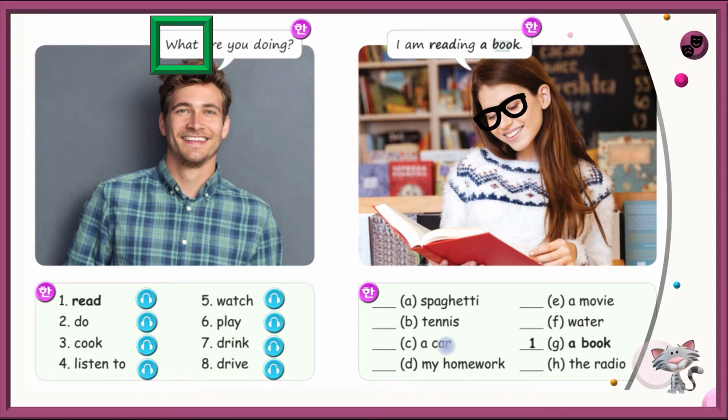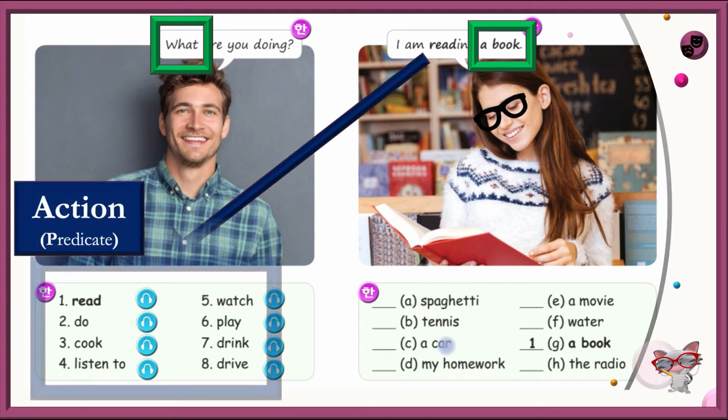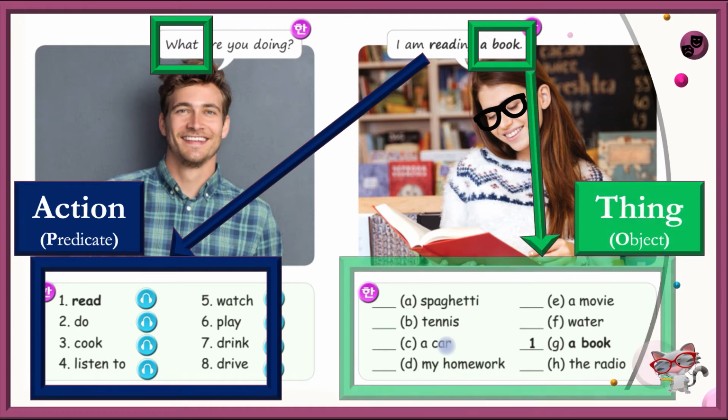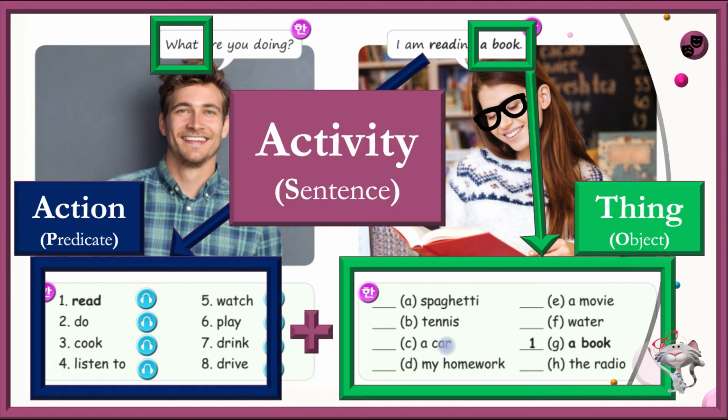A book. And so that's the thing. Her action, which is the predicate in her sentence, plus the thing, makes a sentence to talk about her activity. Oh, excellent, Professor Neil. Combines, yes. Very good graphic. Sounds very simple, looks very simple.